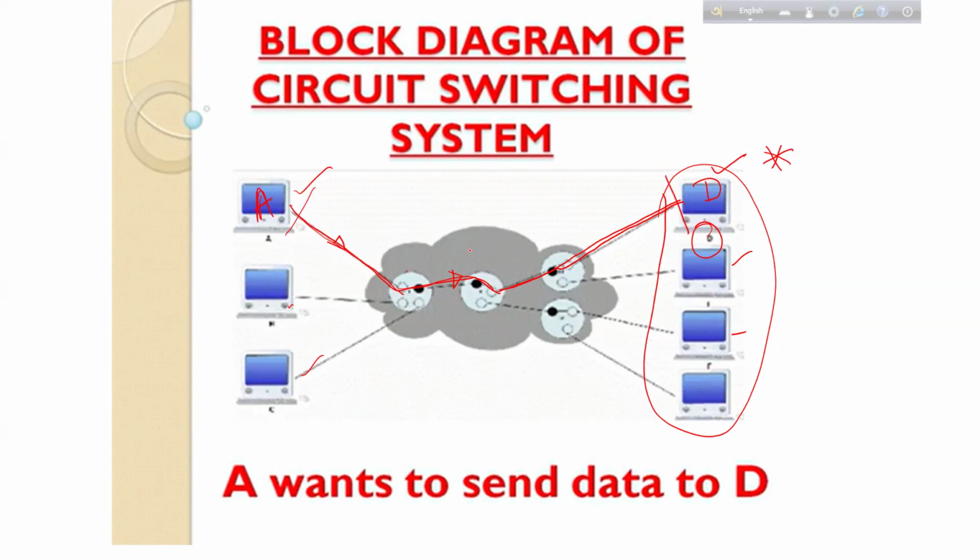Say, for example, in previous days, when we used to talk using landline phones, if some other user called my number, he or she might get a busy signal because I'm speaking to someone else. But in today's telephone or mobile phone communication system, we have a waiting option.